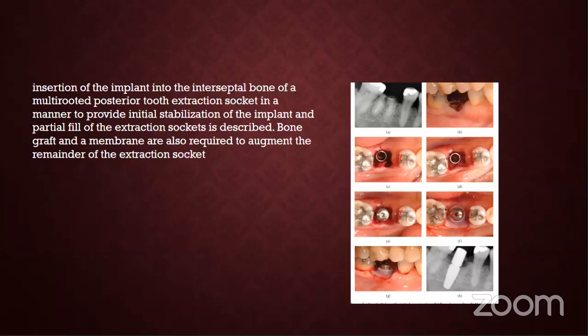The best position in the mandible is the interseptal bone, and in the maxilla, the bone located in the furcation. Bone graft and membrane are also required to augment and fill the remaining extraction socket.